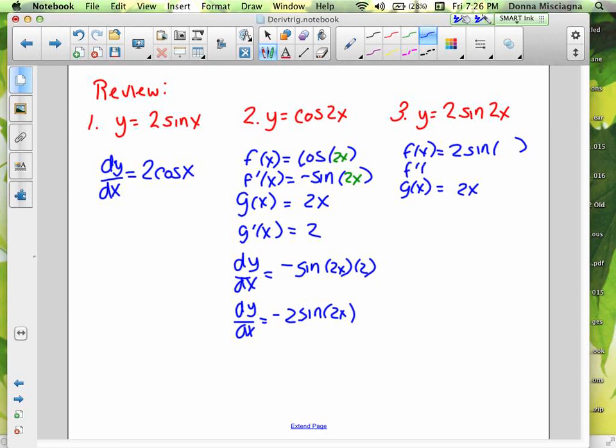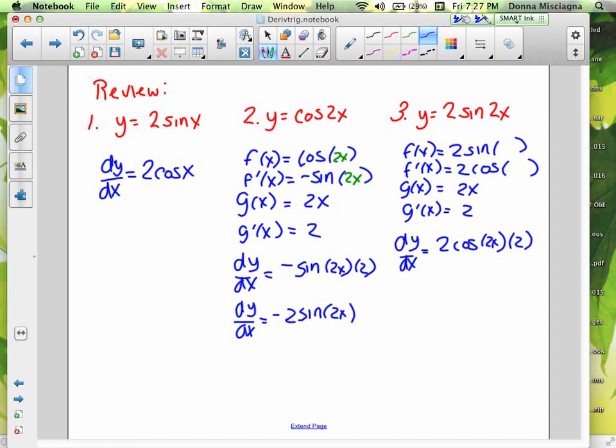The derivative of the outside would be 2 cosine blop. And the derivative of the 2x is, of course, 2. So our derivative here is the derivative of the outside function, the 2 cosine blop, which is the 2x, times the derivative of the inside, which was the 2.